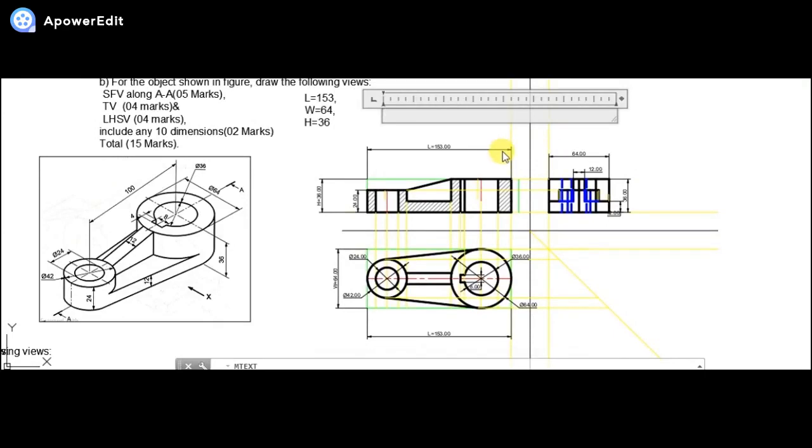From here, this is the sectional front view along AA.